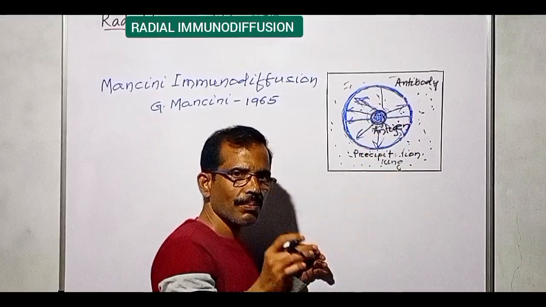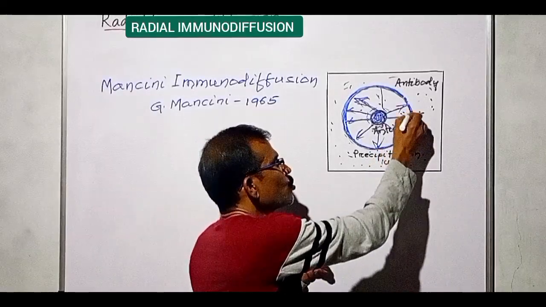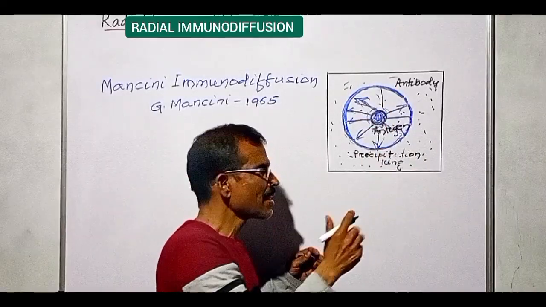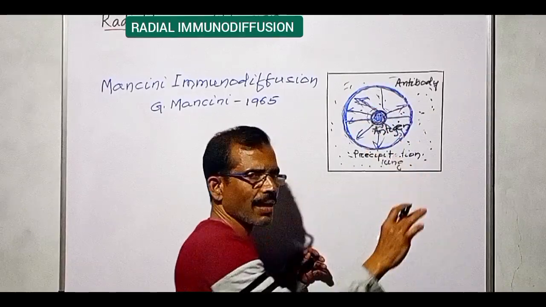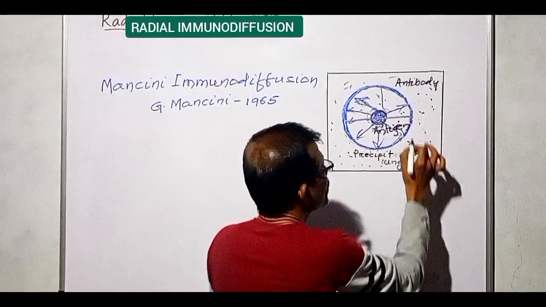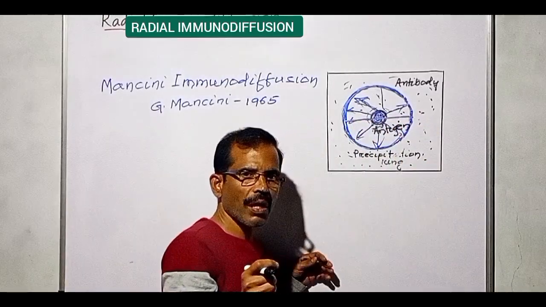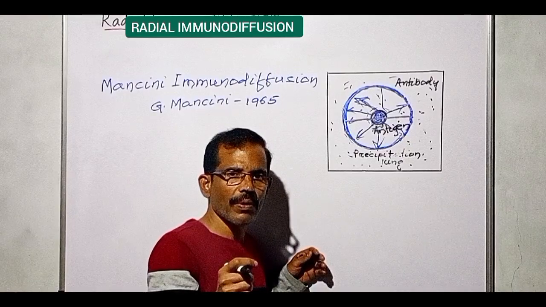As a result, maximum immunoprecipitation occurs in the zone of equivalence and a precipitation ring is formed around the sample well. The diameter of the precipitation ring is proportional to the concentration of antigen in the sample.